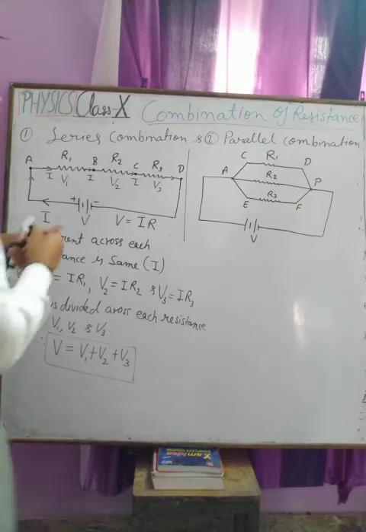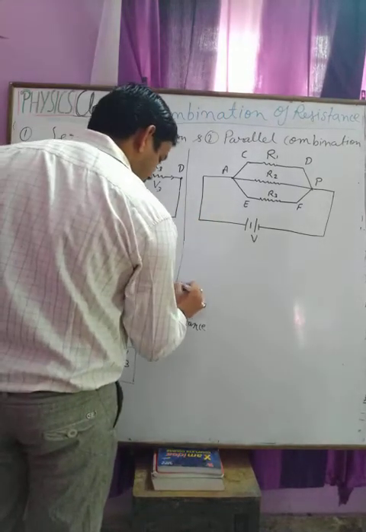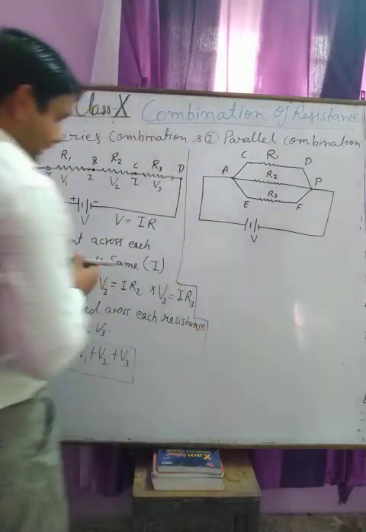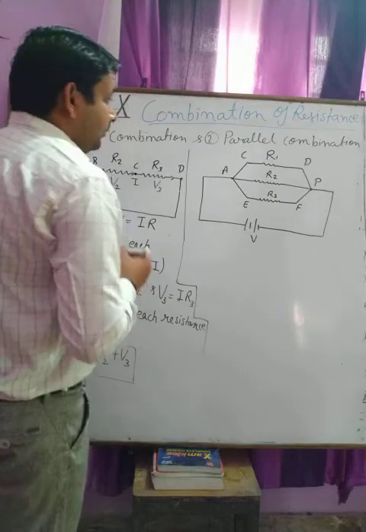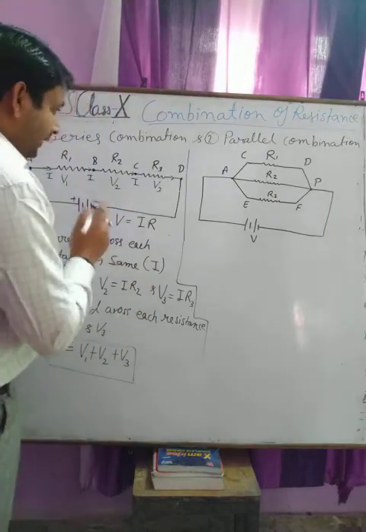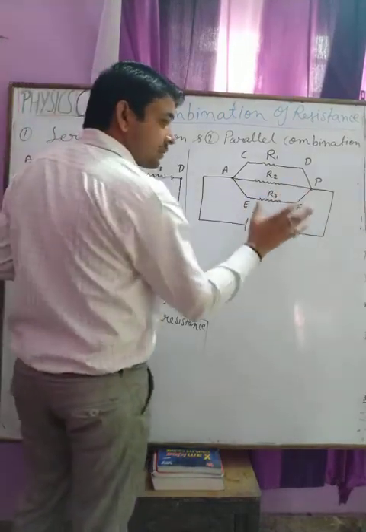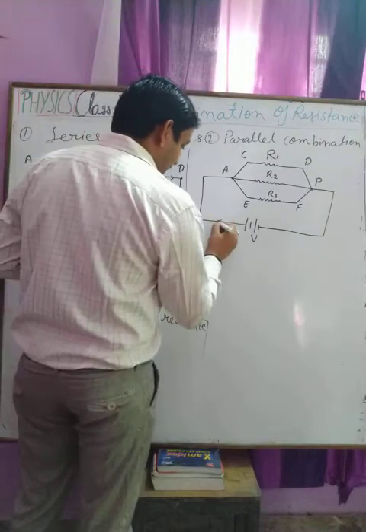Okay. Now we go on to understand the parallel circuit. Similarly, when the circuit is closed, the current is drawn from the battery.